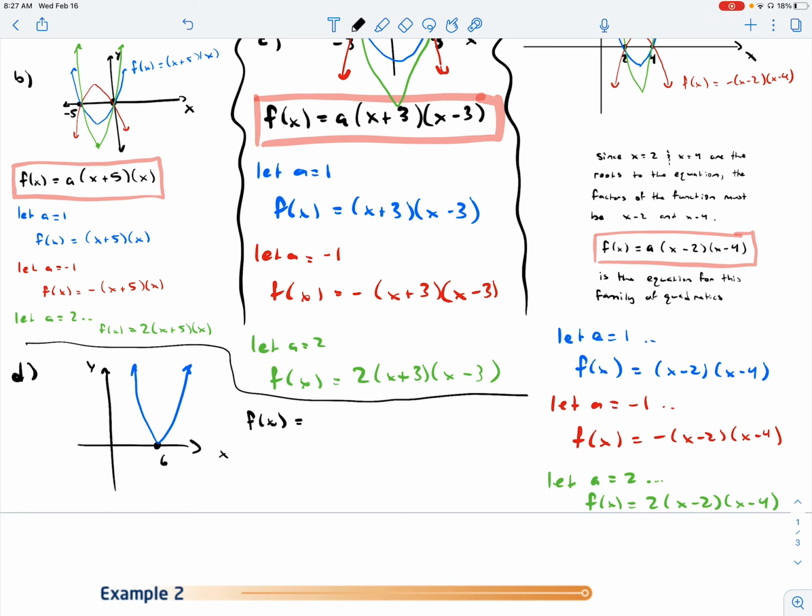So we can say f of x equals a. Now, I could put x minus 6 to represent the intercept here, right? That way when we plug 6 in for x, we get 0. But notice this doesn't look like a quadratic, okay? If you remember this scenario, when the vertex is on the x-axis, it's a repeated root. So there's actually 2 of these x minus 6's.